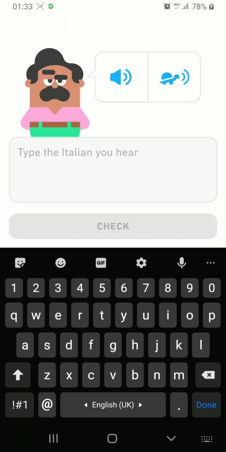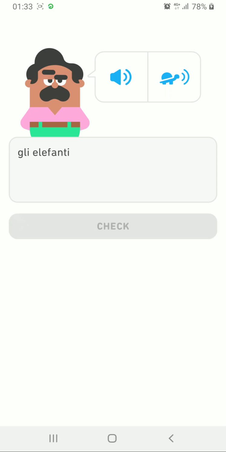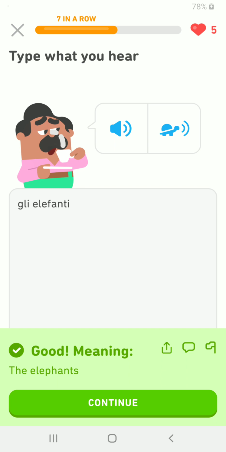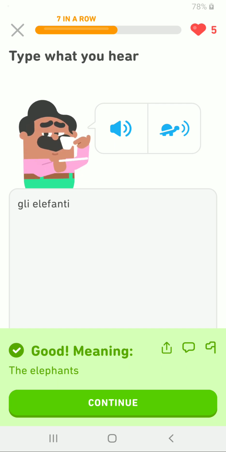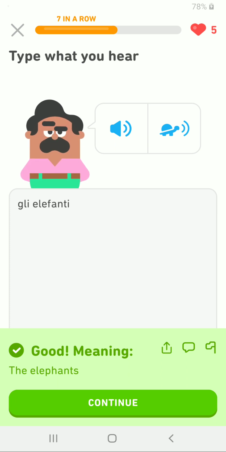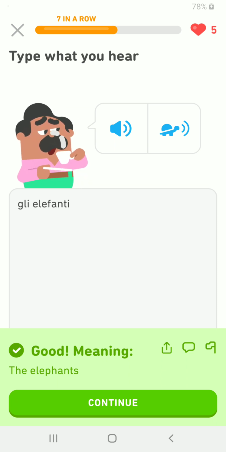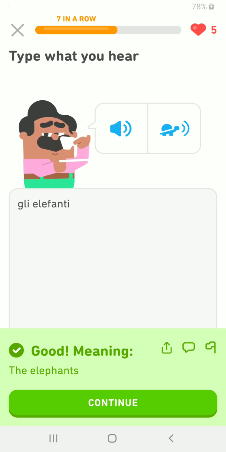Gli elefanti. So here we have to use this gli. Why? Because elefanti starts with the letter E, which is a vowel, and when you put elefante in plural, you have to say un elefante, but gli elefanti.